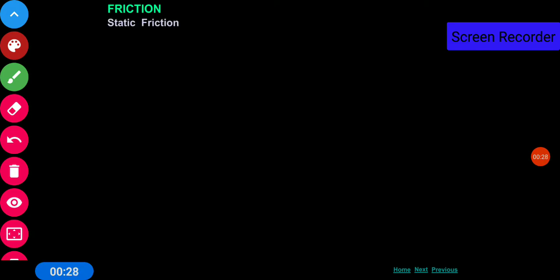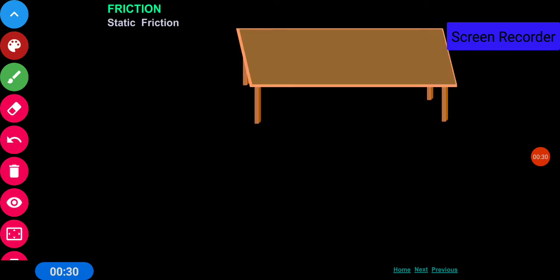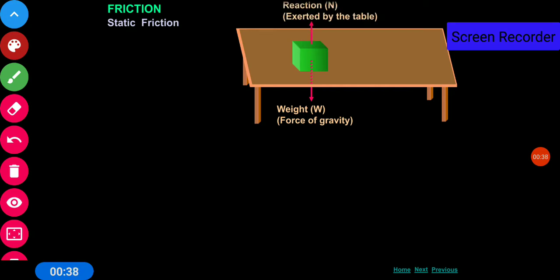Friction. Now, static friction. Let this be a table. An object is kept over it whose weight W is acting in the downward direction. The reaction on the object is acting in the upward direction. Now, if no force is exerted on the object, it will not move.